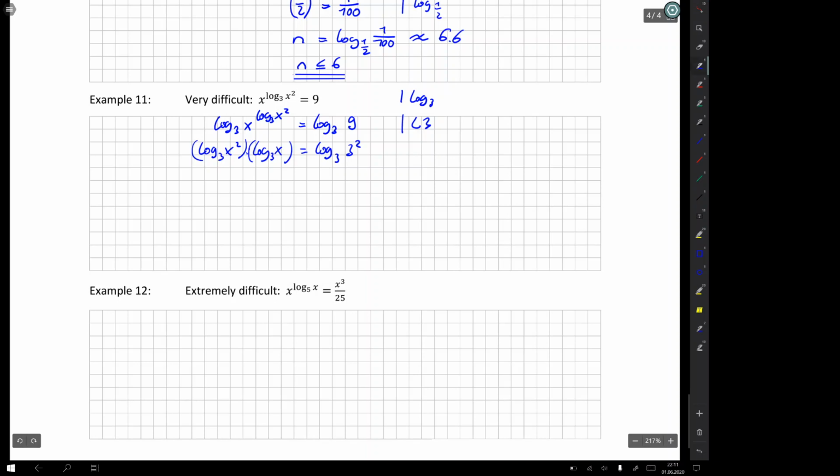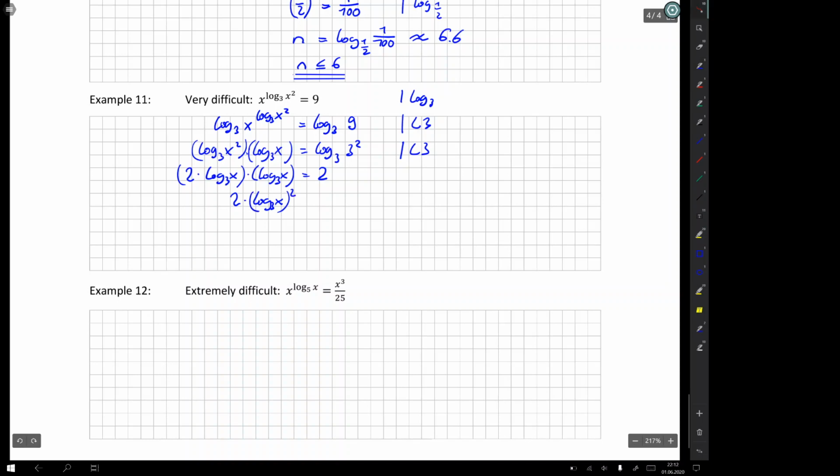Next step, I use again the law of logarithm 3 for this expression here, and I get this result. This simplifies to 2 times the logarithm of x in base 3. The next step is to rewrite that as 2 times (logarithm of x in base 3) squared.